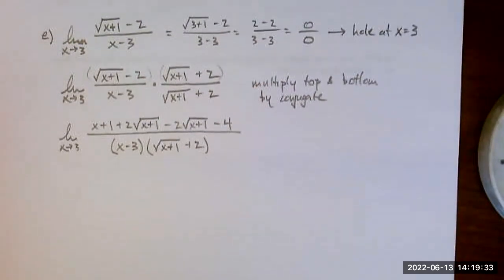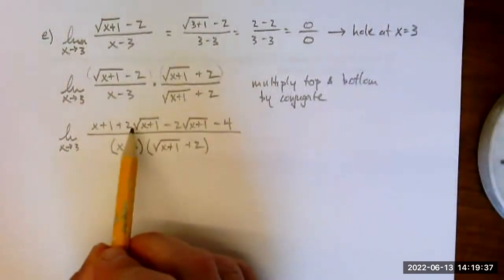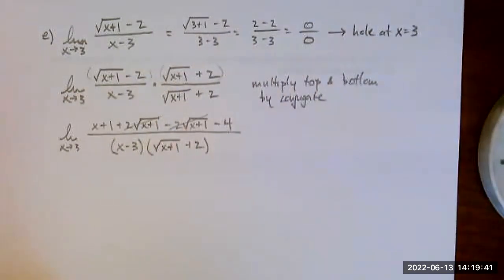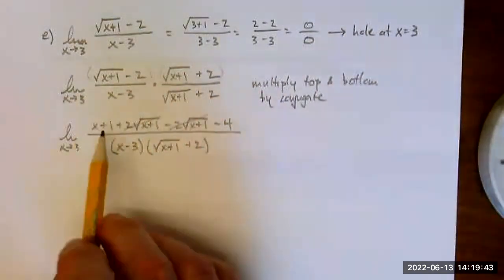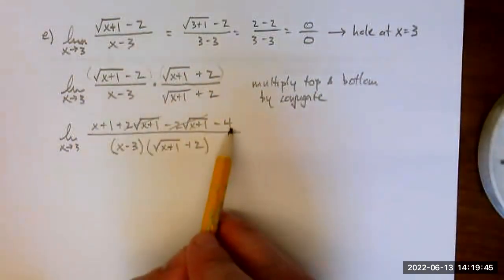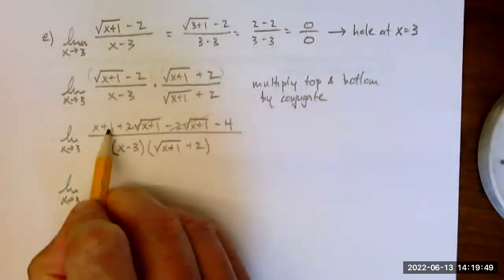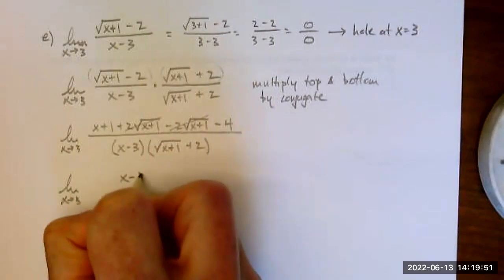Okay, what from here? Let's clean this up. Hey, I notice these two middle terms cancel out. And then I can further simplify x plus 1 minus 4. And now we can see it. That's x minus 3.